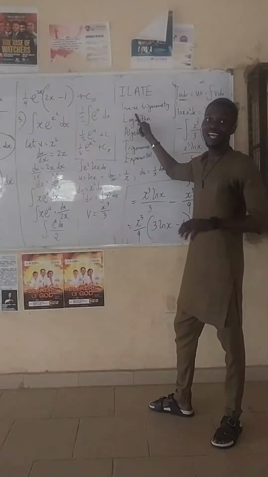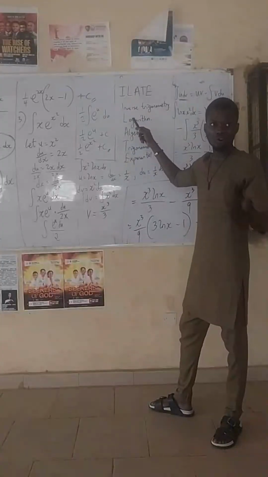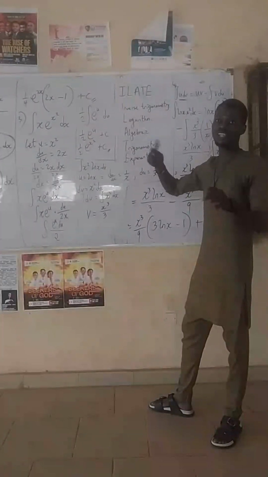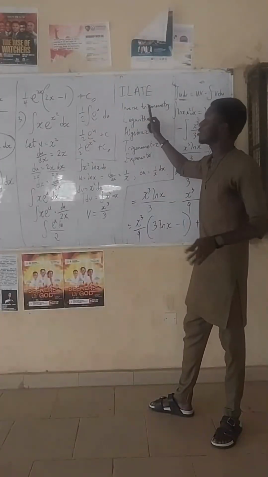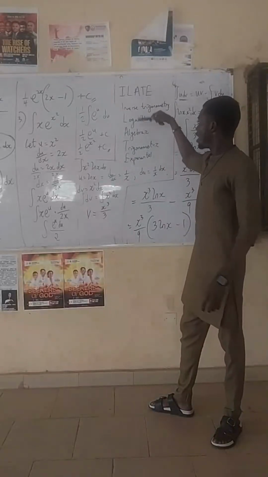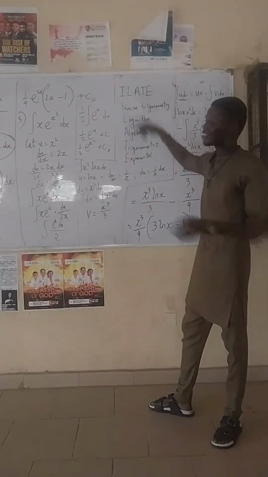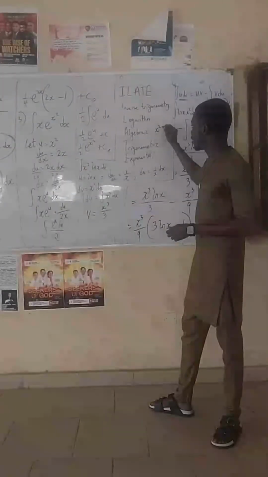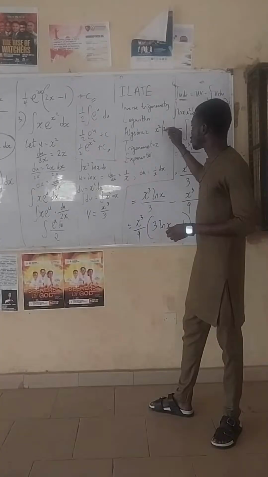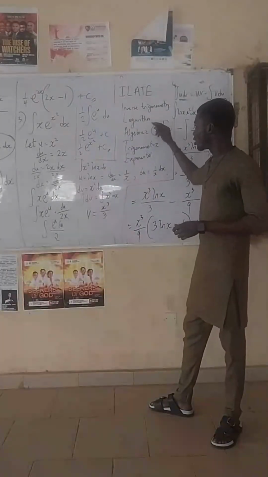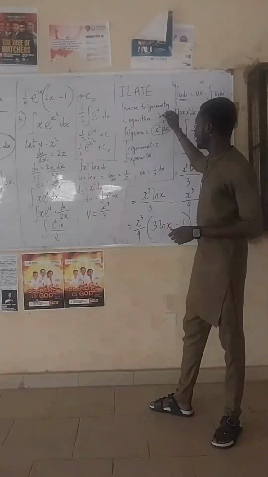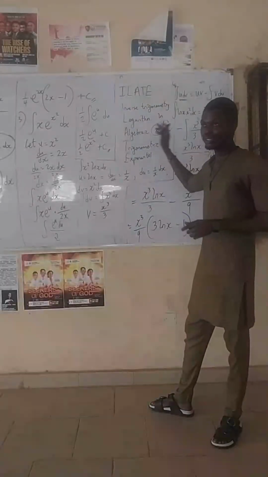Inverse trigonometry, like arc sine, arc cos, arc tan, or tan inverse, is the first one. Then we have the logarithm, then the algebra. Algebra talks about something like x squared, x, 2x, 3x. Logarithm is like ln or normal logarithm.